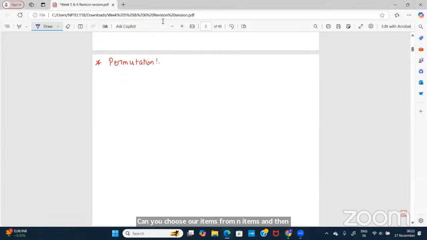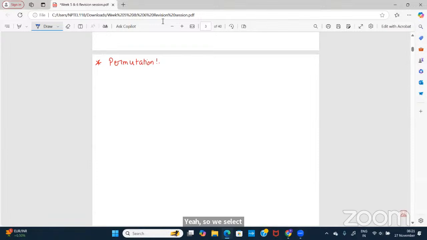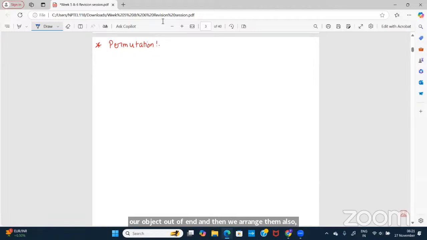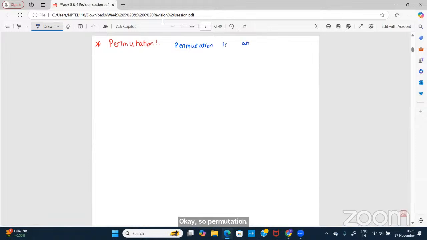Yeah. So we select r objects out of n, and then we arrange them also, right? That is permutation. Okay. So permutation is an ordered arrangement of all or some of n objects.